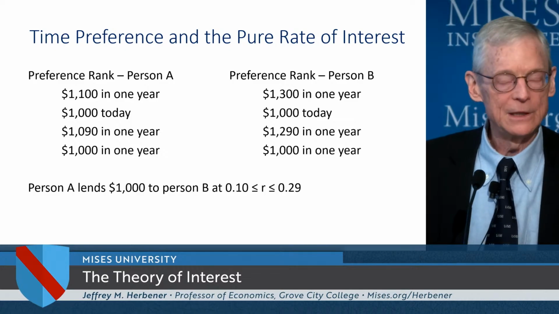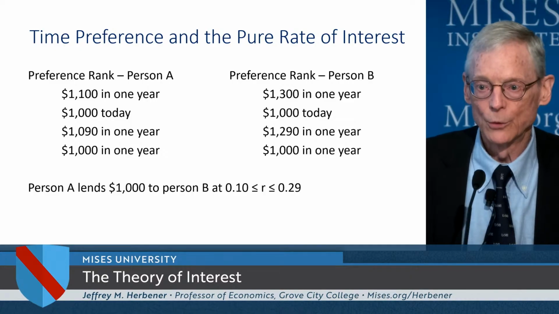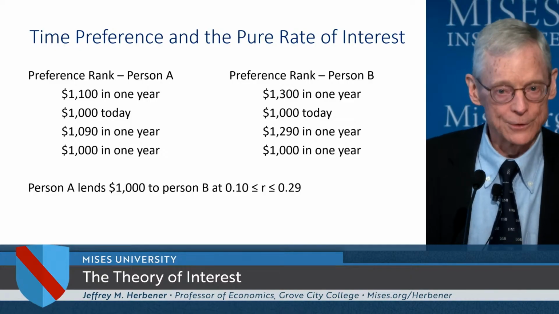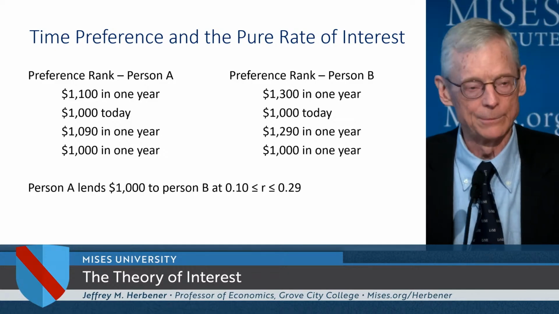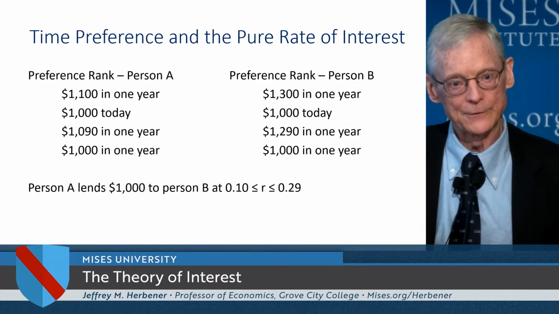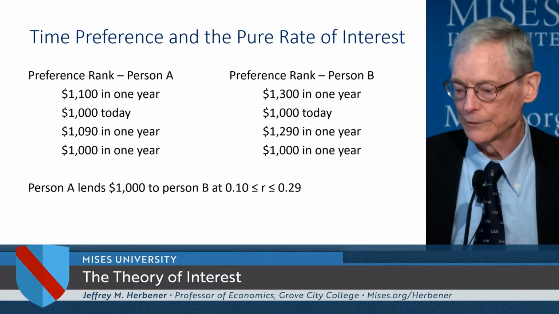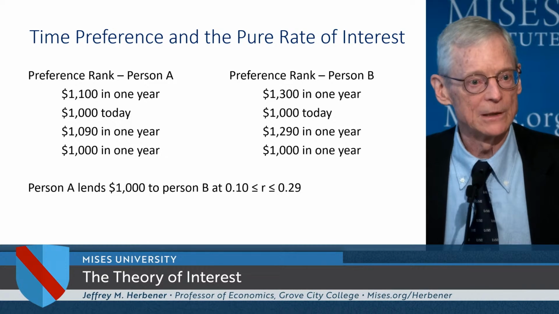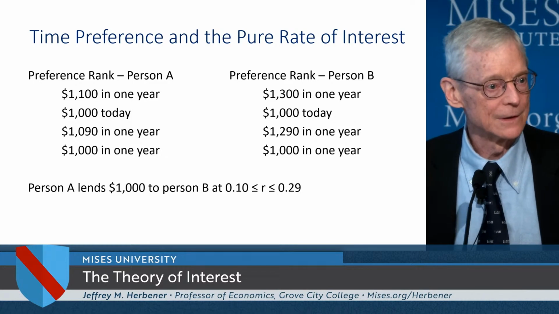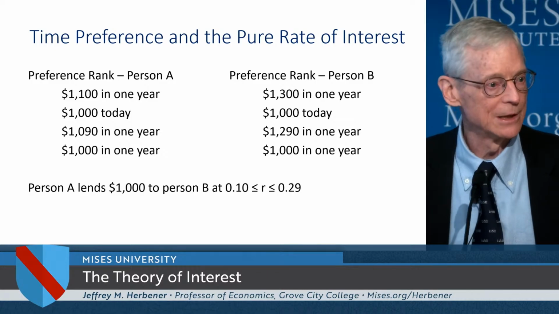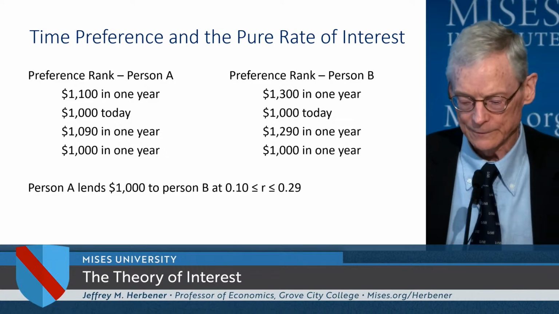And you can see person B then has, as we say in economics, higher time preference, more intense time preference, more urgent desire for sooner satisfaction than person A. Because in order to bid away $1,000 from person B today, you'd have to pay a premium of $300, whereas you could get $1,000 from person A just by paying a premium of $100, an interest payment of $100.